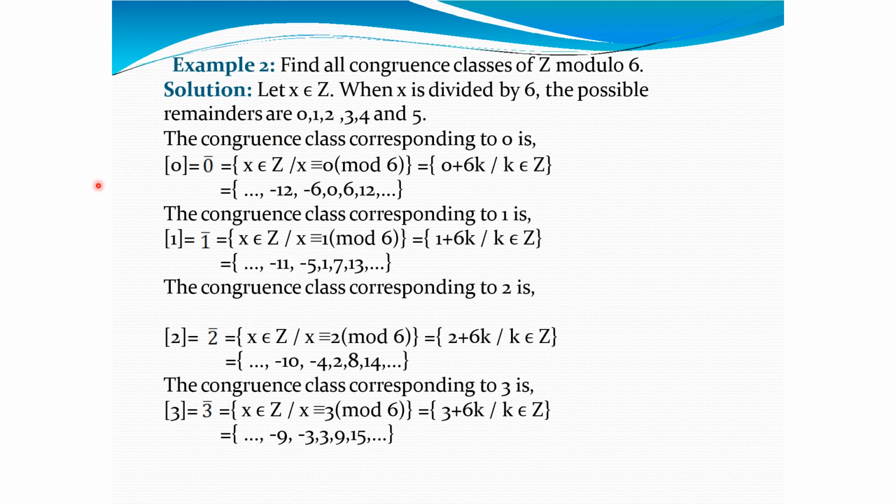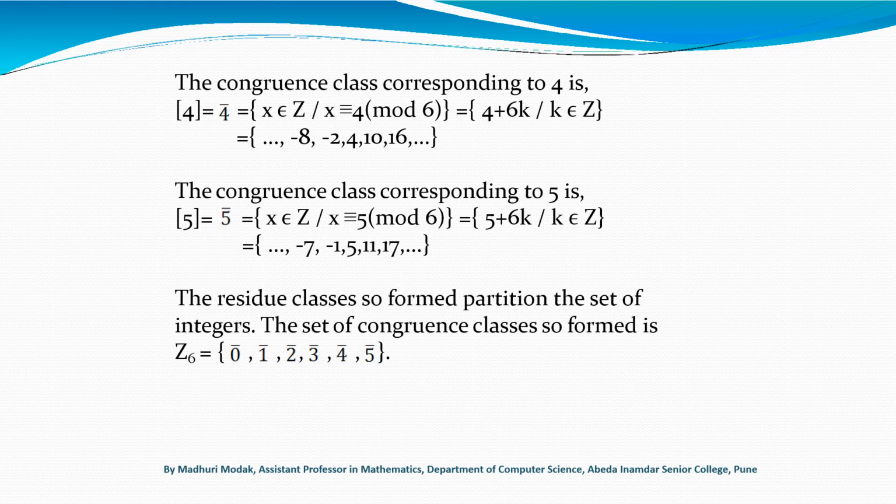Again, similar to previous example, it is x in Z such that x is congruent to 0 modulo 6. It means 6 divides x minus 0. So x is equal to 6k. So by taking different values of k, we get congruence class is equal to 0, 6, 12, minus 6, minus 12 and so on. Similarly, we can find congruence class corresponding to 1, 2, 3, 4 and 5.